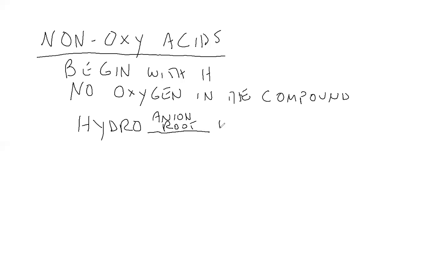And then we end it with ic acid. Okay, it's as easy as that. So let's look at an example, and I'm sure just looking at this formula, you're going to know what the name of this is. So if we have HCl, then to name this, there's no oxygen in the formula. It begins with H. We start out with hydro.